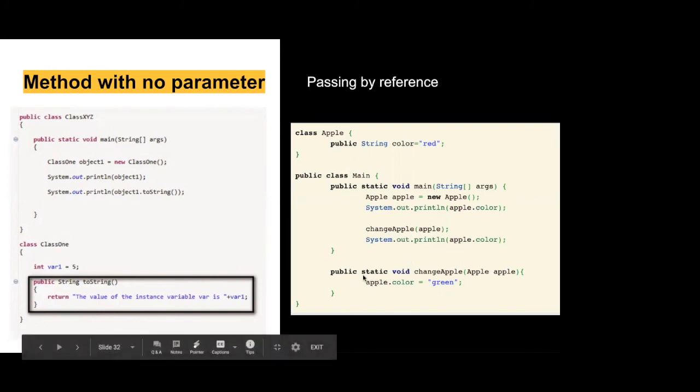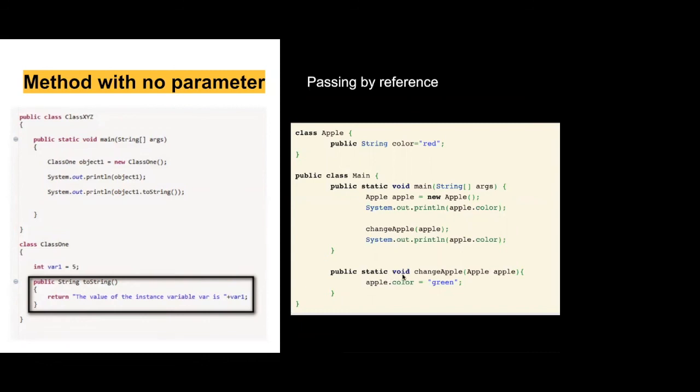We've got two modifiers, and the return type is void. So this is an example of returning nothing. We simply use this method to do something, but it returns nothing. So we just put void here, and the name is just changeApple.